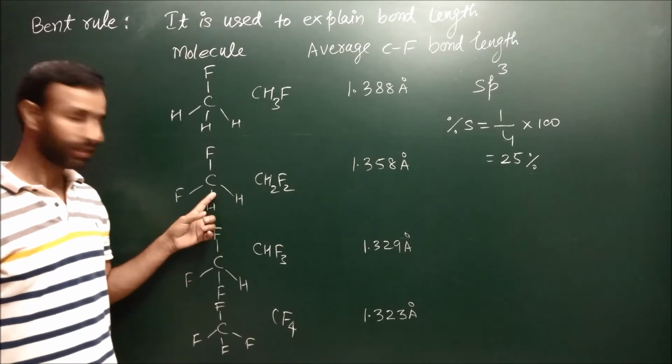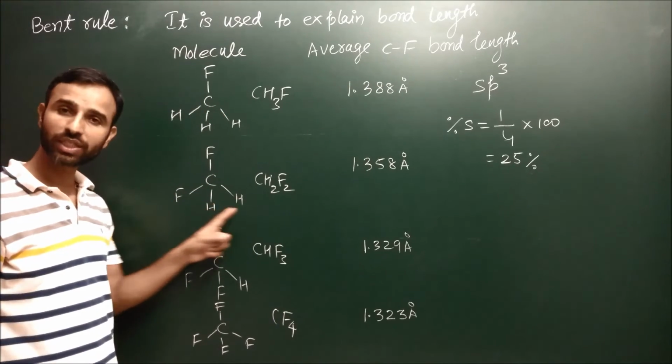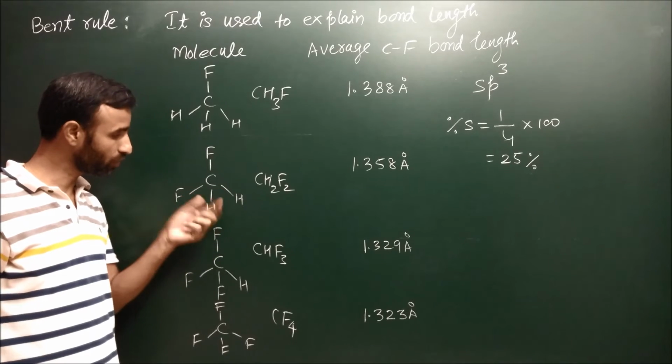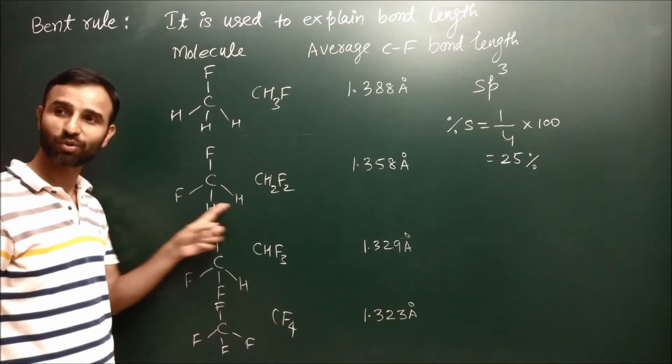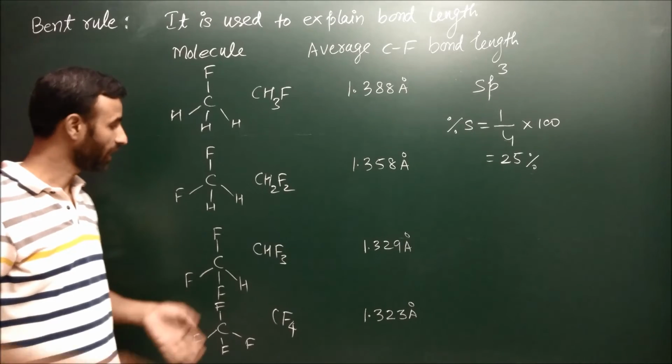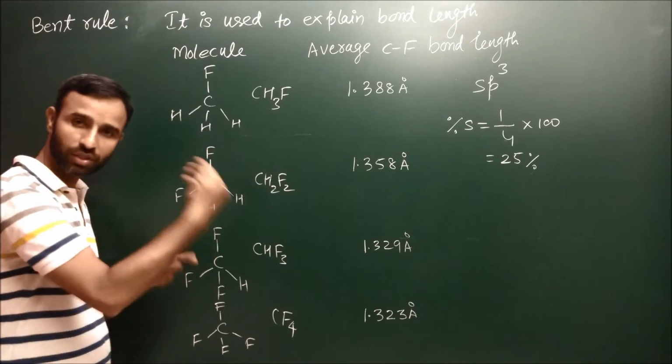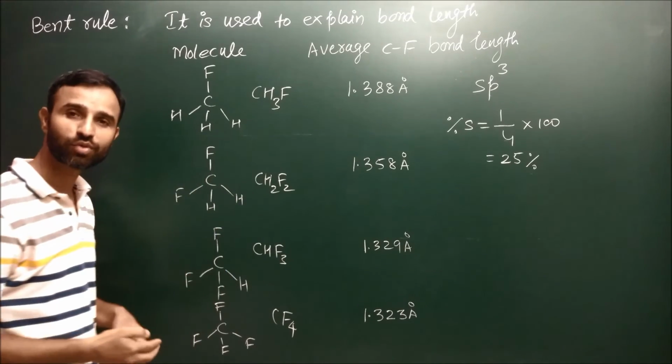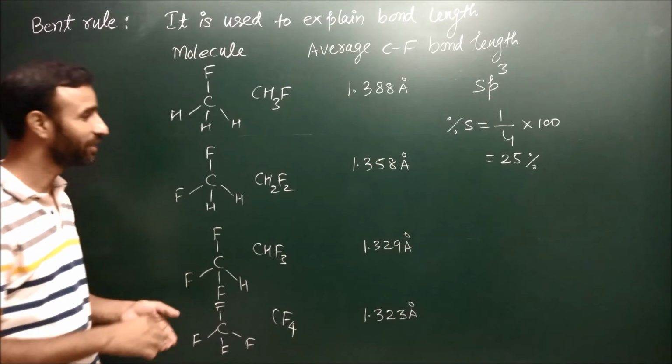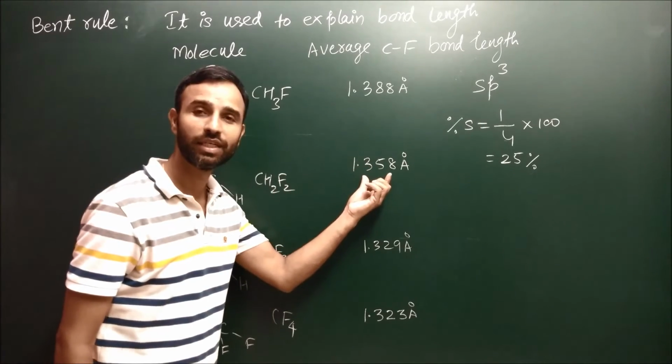Come to this part. Now we have only 2 CH. So contribution of S towards hydrogen is less, and towards fluorine it increases to some extent. That's why bond length decreases.